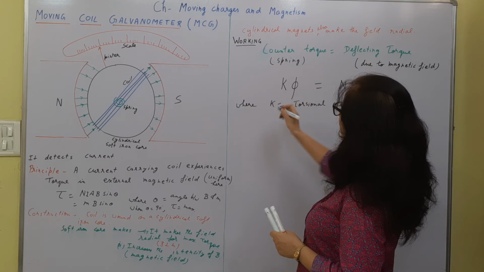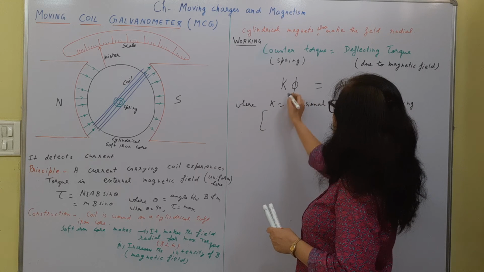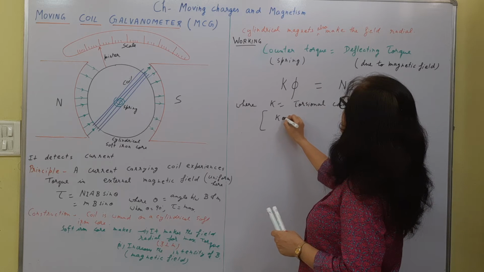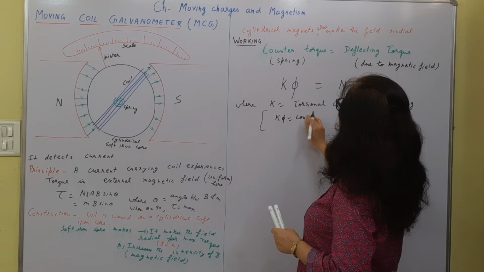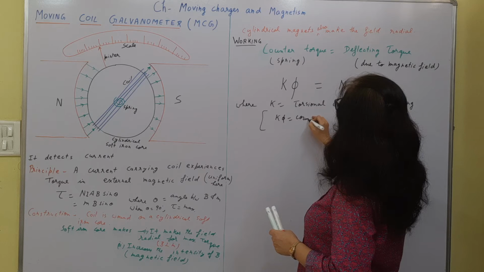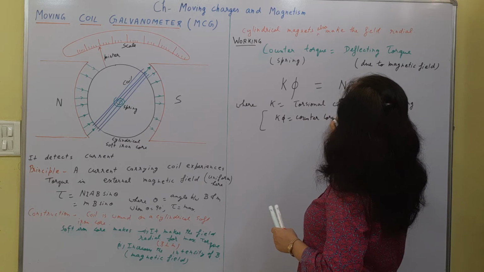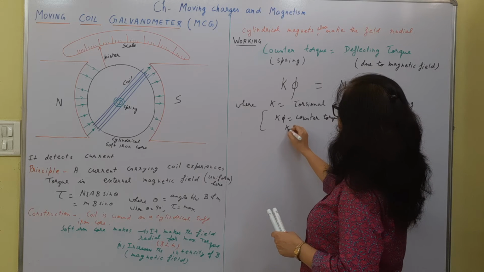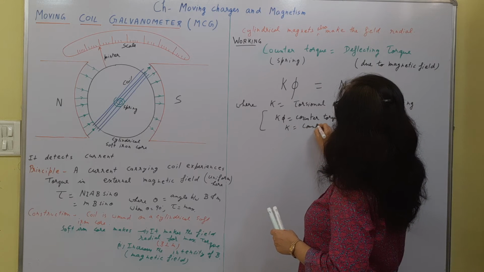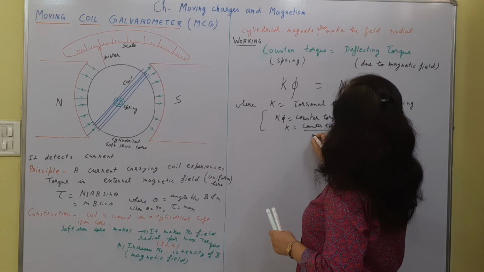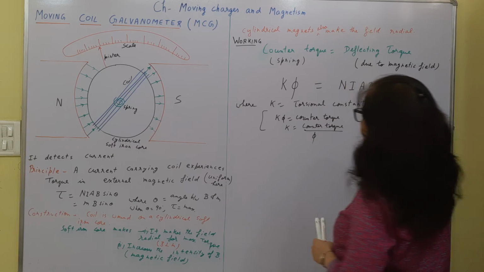And this is also called, because we know that this is deflecting torque and this is counter torque. So K phi is counter torque. So this can also be called counter torque per unit deflection.